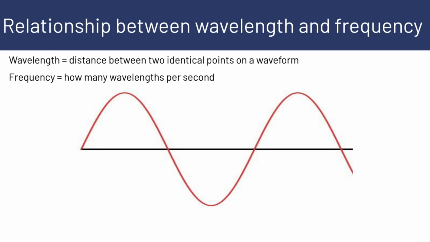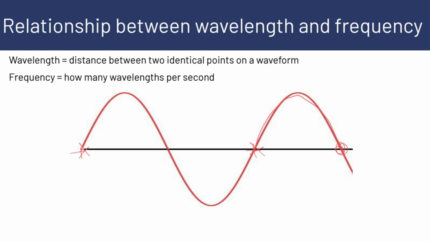In this image, if we count the number of wavelengths, we start here, we go 1 wavelength, and then we have about a half of another wavelength. We go up and get to this point here, so that is about a half of another wavelength.